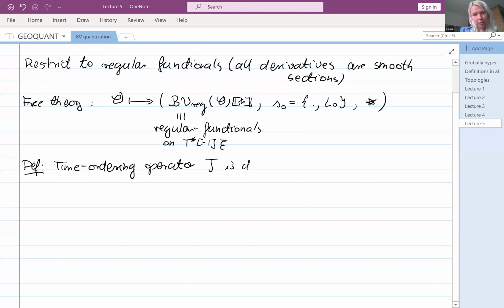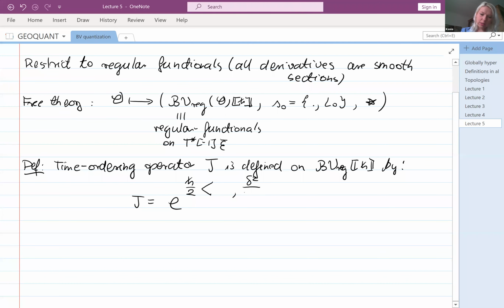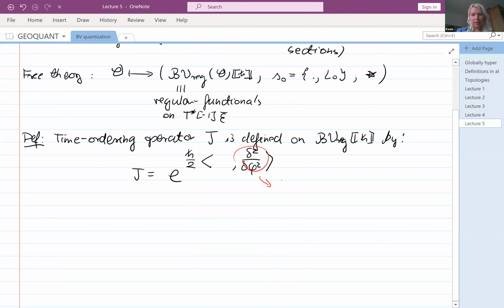T is defined for F, let's say on this space of regular functionals, formal power series, by, so T is an exponential kind of operator. So we have h bar over 2, and here we have a second derivative, d over d phi squared. This has some signs in it, which I'm not spelling out. So this should be with appropriate signs.